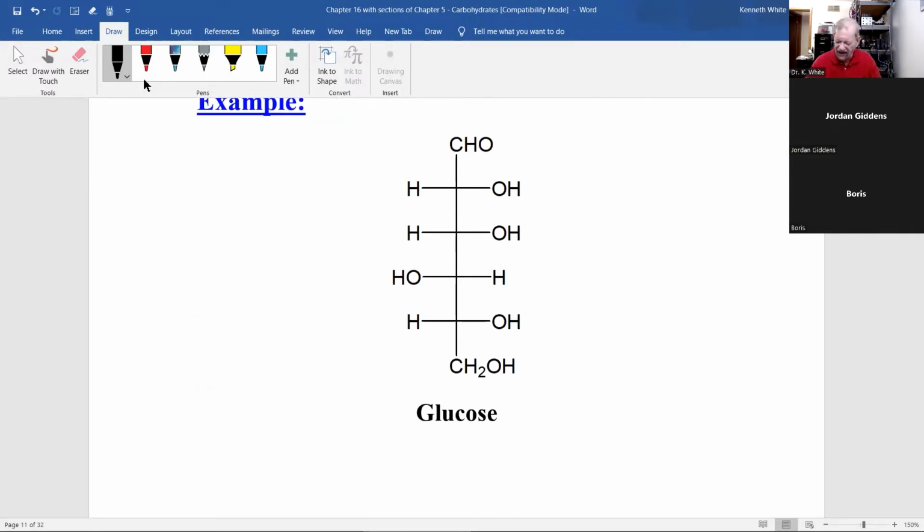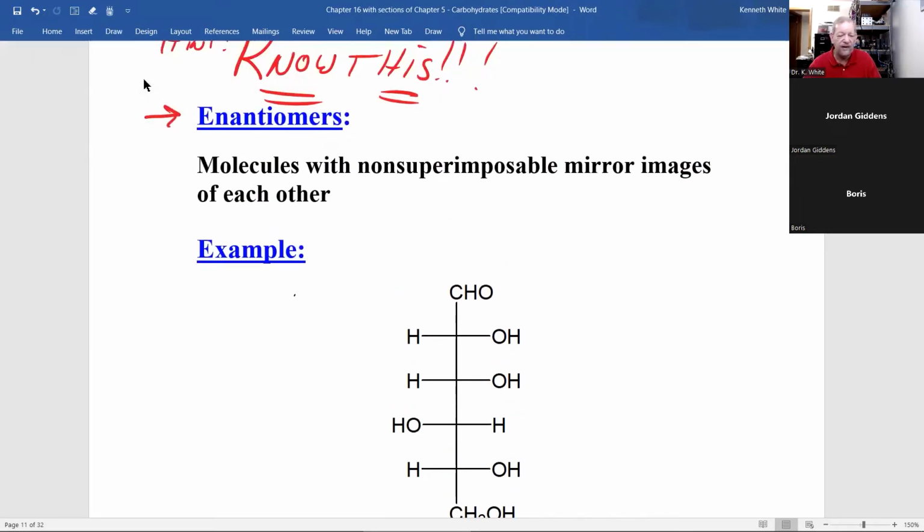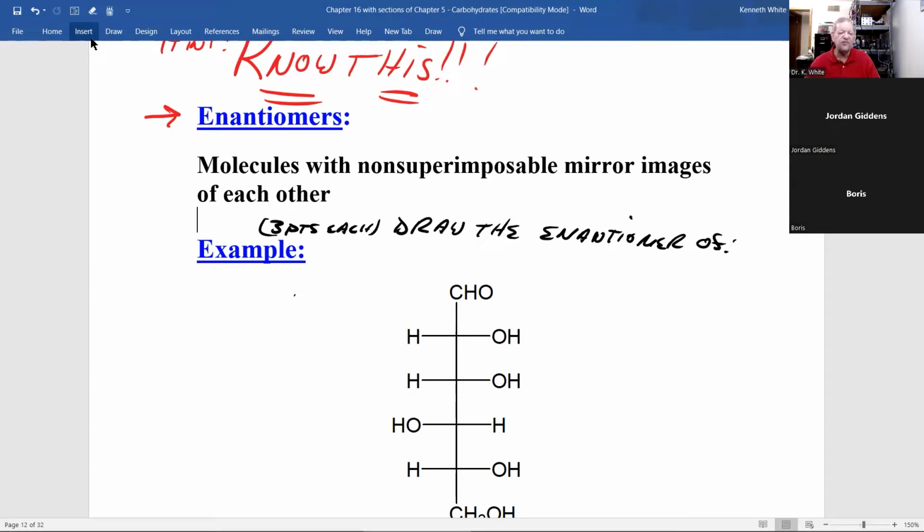So if I were to ask, and as soon as you see draw the enantiomer, what I'm really saying is draw the mirror image.